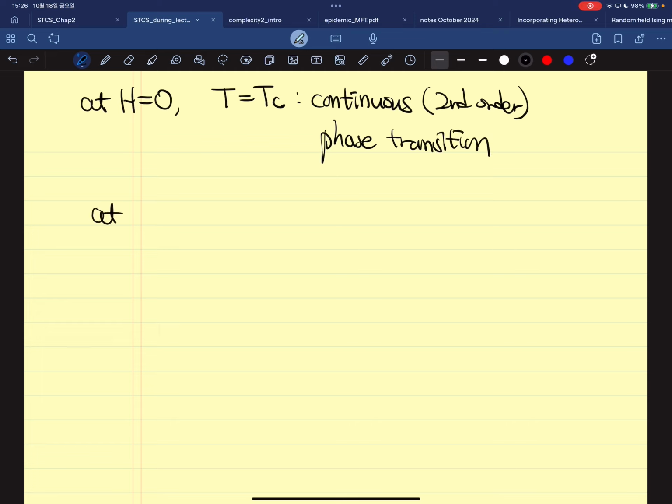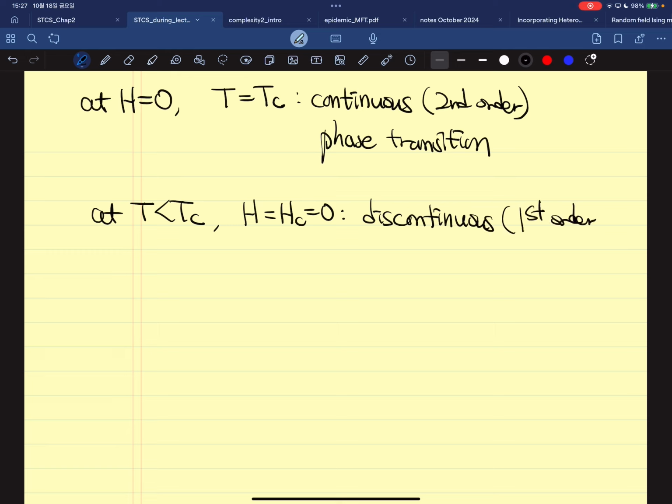But at T smaller than Tc, at h equal to 0, it is a discontinuous or first order phase transition.